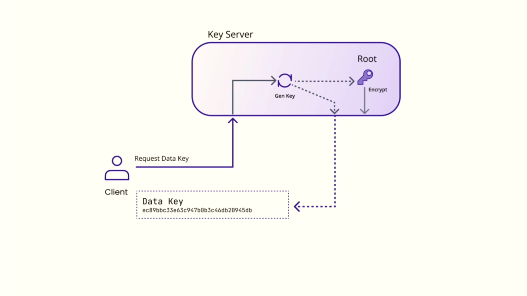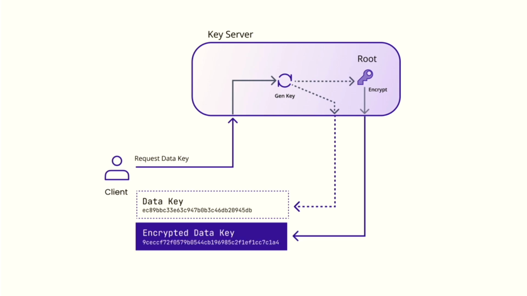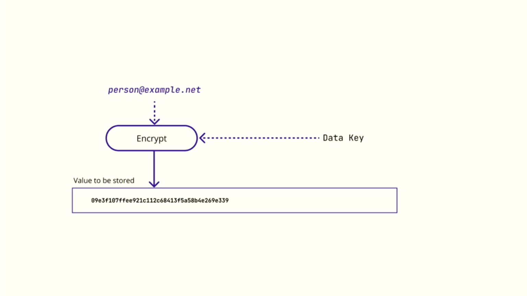It's also going to use this idea of a root key that it stores within its own system to encrypt that data key and return it as an encrypted data key. So you now have two copies of the key, one encrypted and one not. And we're going to use the unencrypted data key to encrypt our plaintext, our message, in this case an email address, for example.